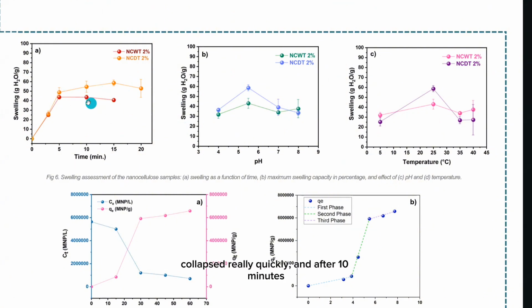After 10 minutes, the non-functionalized foam's swelling decreased, showing loss of stability, while the functionalized one continued swelling until around 15 minutes, reaching a maximum capacity of 58.6 grams of water per gram of nanocellulose.